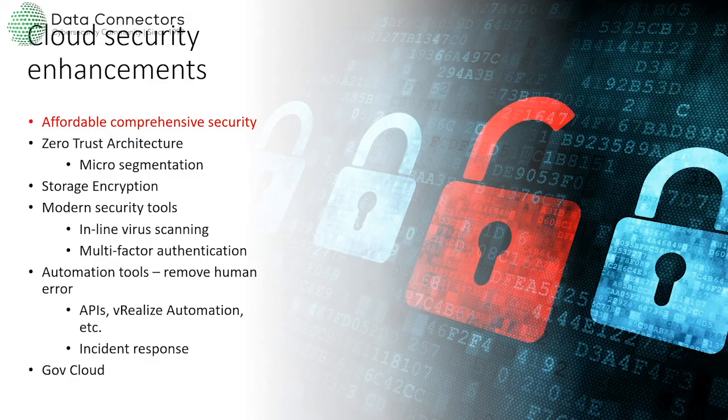That leads us to the cloud security enhancements that we have. The very first one that I think is probably one of the best is that we can bring all of these security enhancements together at an affordable price for these legacy architecture apps, where we only have to buy for just the apps.